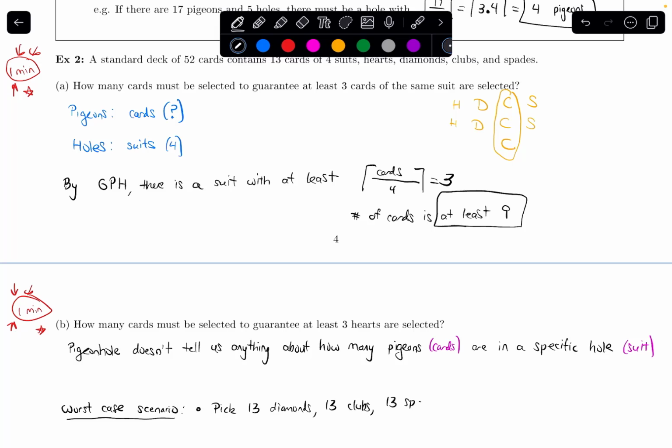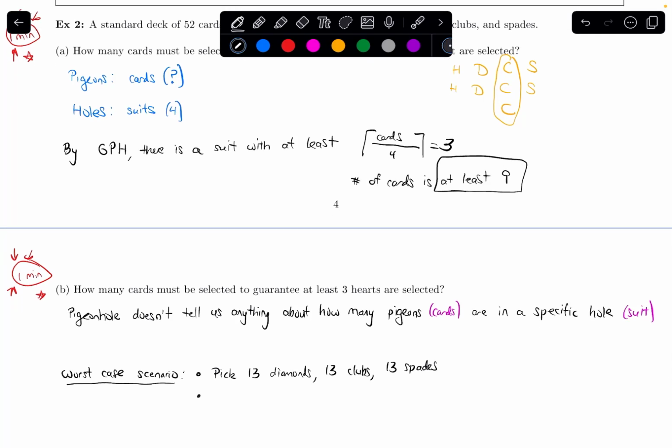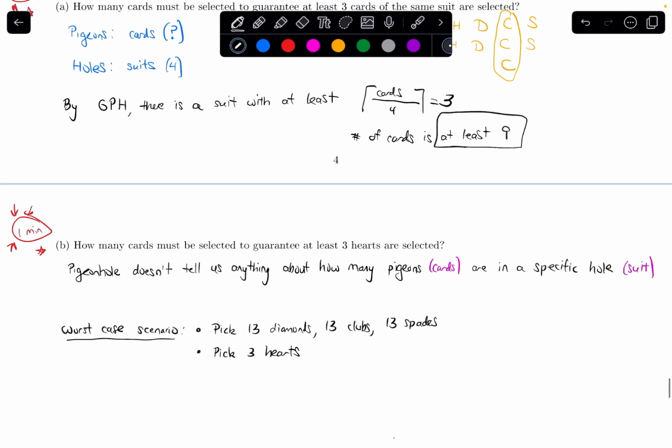So let's pick all the things that are not hearts first. And once we do that, we're only left with hearts. So now I would have to pick 3 of the remaining cards, which are all hearts, before I have 3 hearts. So then I pick 3 hearts. That's the longest I could delay picking 3 hearts.